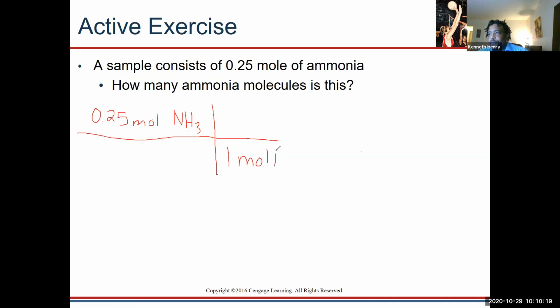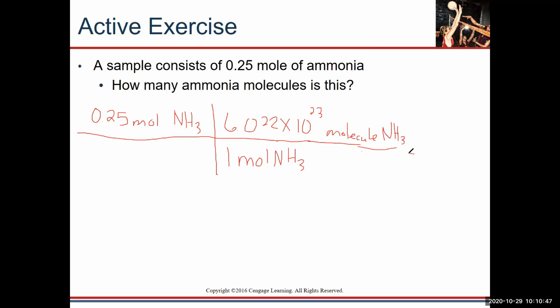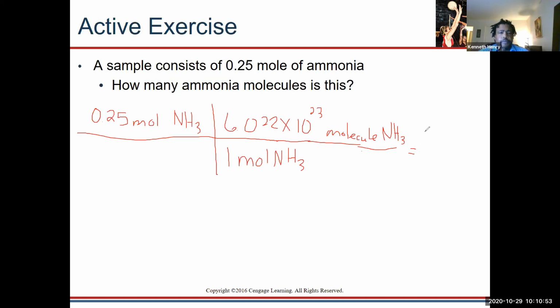We'd have 1 mole on the bottom and 6.022 times 10 to the 23rd molecules of ammonia. Okay, how many sig figs would this be? 2. That's correct.